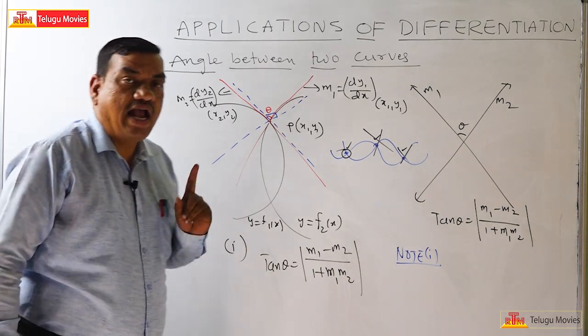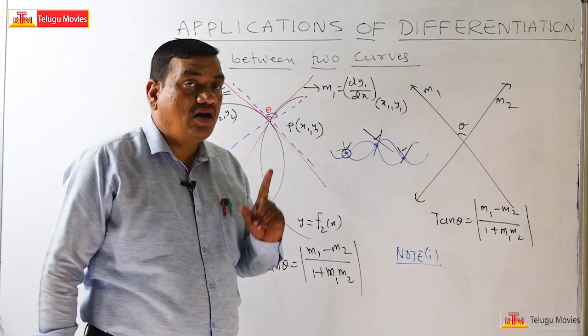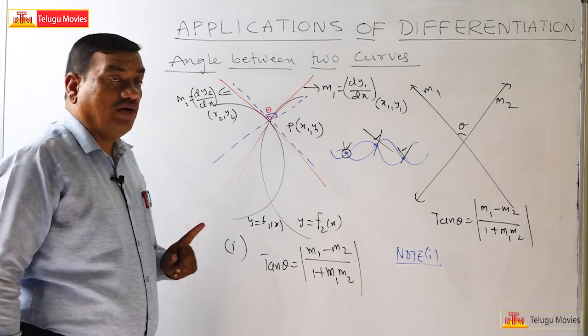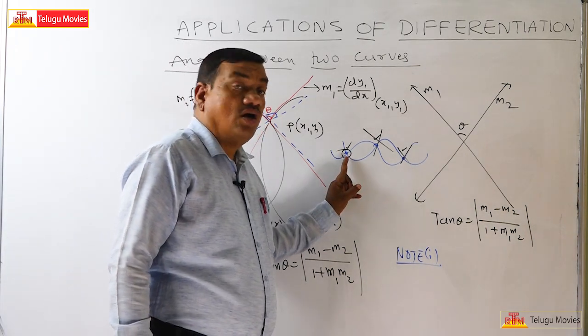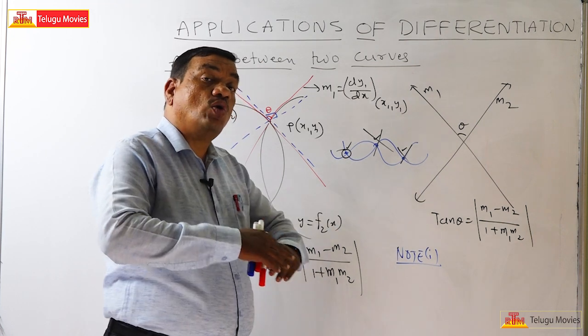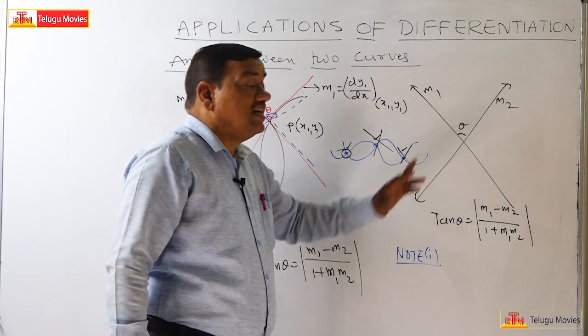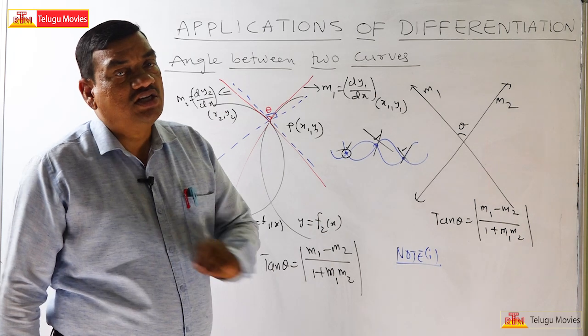So what are the two important points I have explained? The first: if the two curves intersect at more than 1 point, no need to find the angle between the curves at each and every point. If you find it at only 1 point, that is enough.